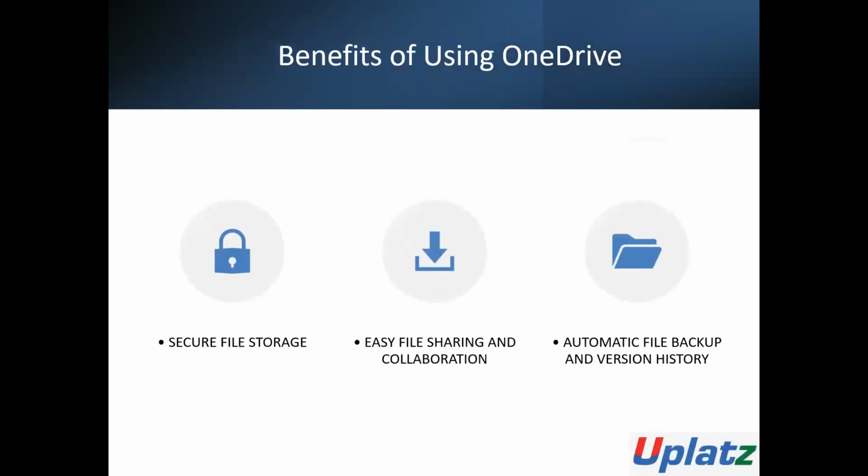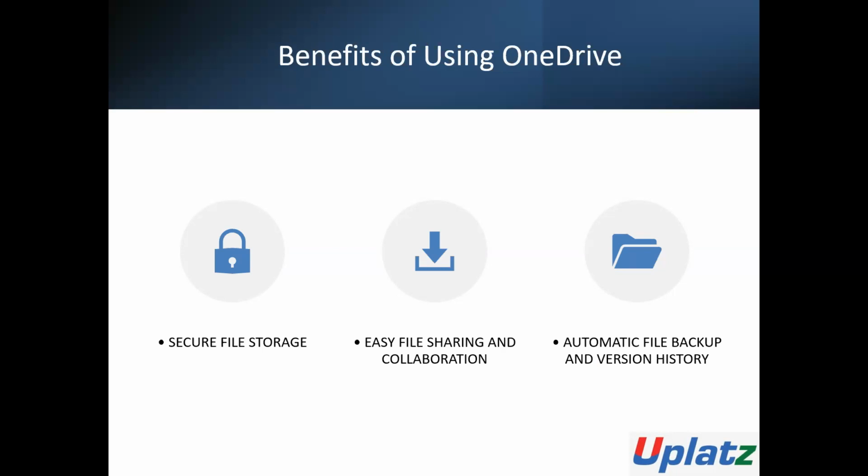Moving on to the next slide, we have the benefits of using OneDrive. Secure file storage is one of the most important benefits of using OneDrive. The file storage will be secure, as I mentioned, that there are some data policies and a lot of security measures which OneDrive has taken to ensure that the stored file is very, very secure on the web.